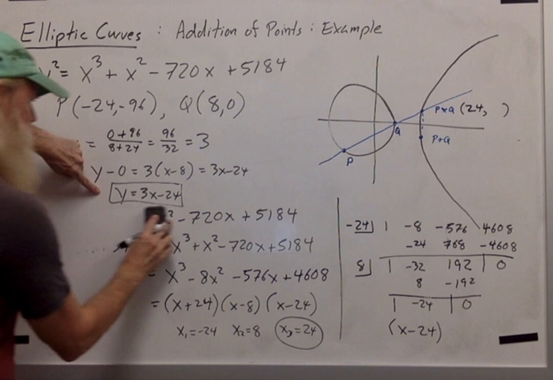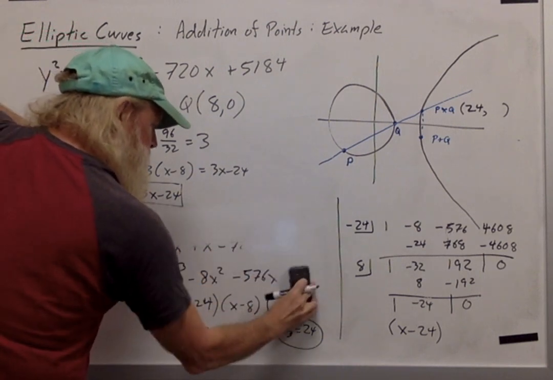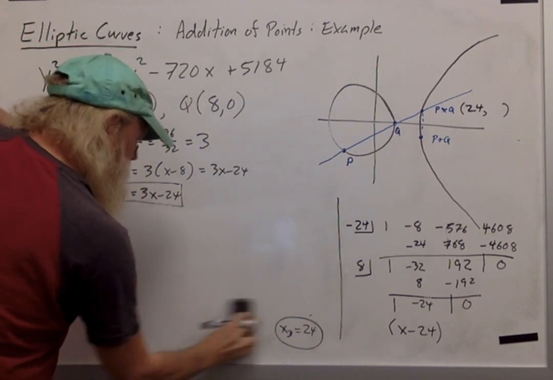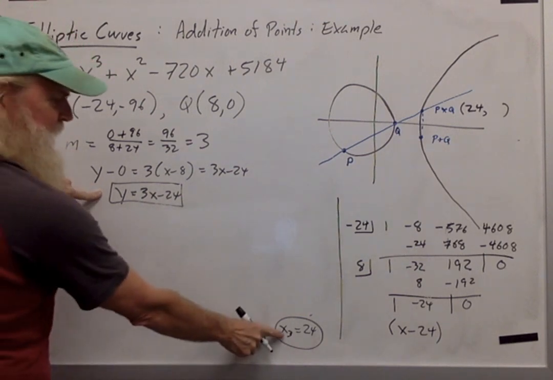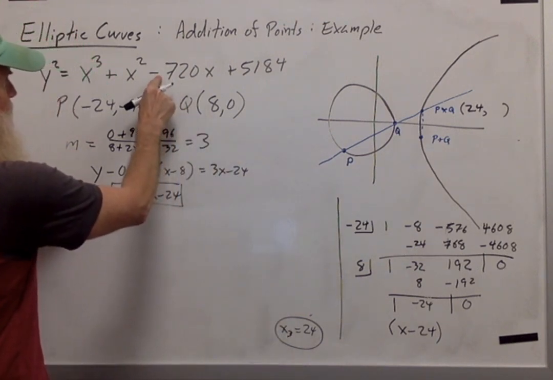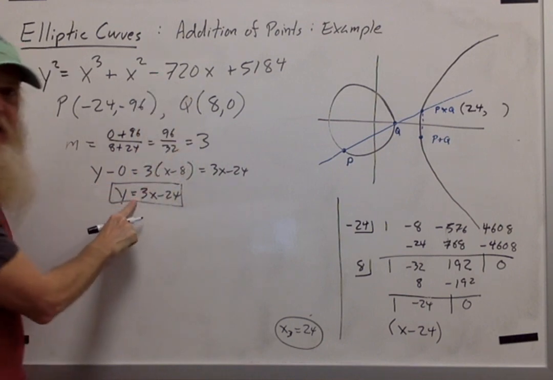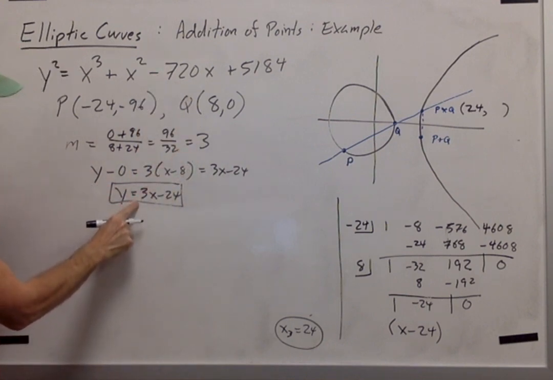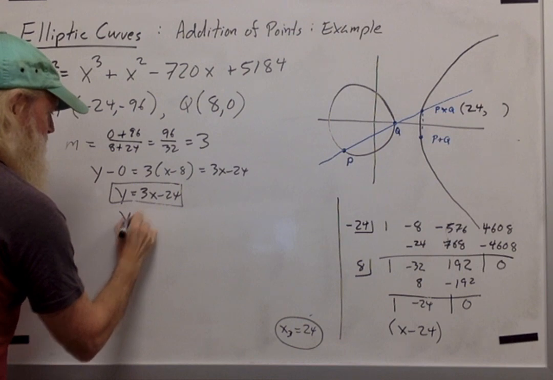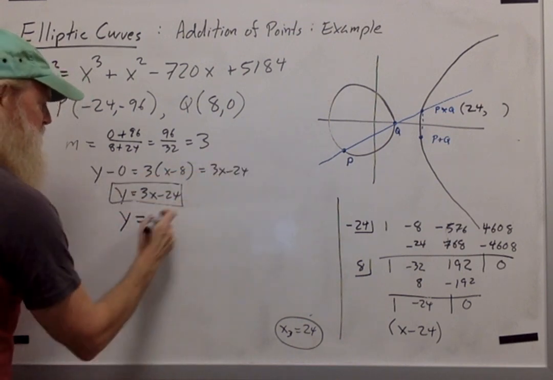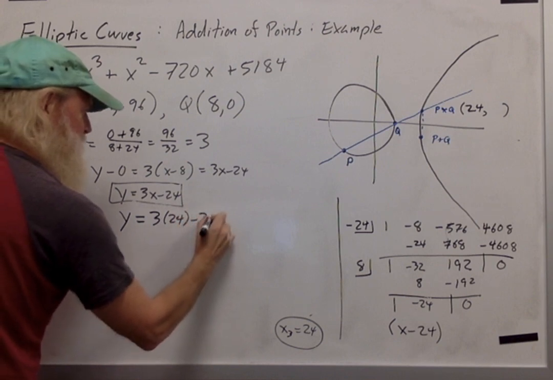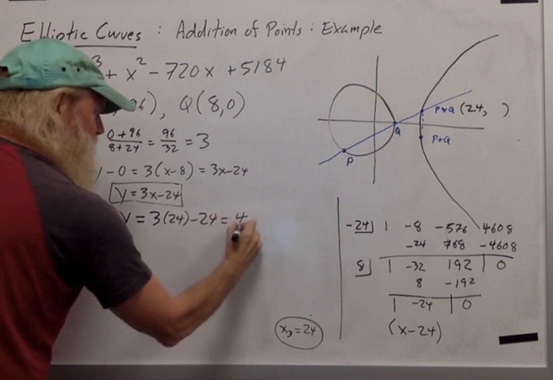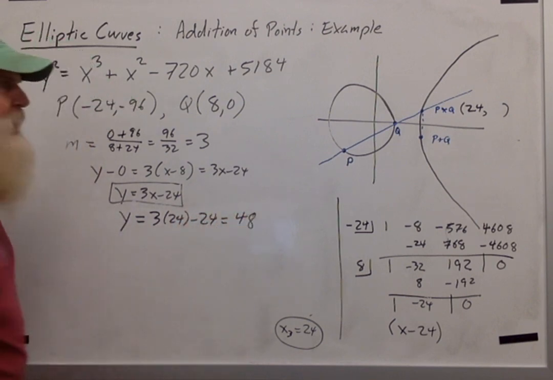Now let's figure out what the y-coordinate is. I'm only going to erase up to here. In order to get the y-coordinate, I can either take this x3 and plug it into the complicated equation, or I can plug it into the equation for the line. The line is going to be much easier. So the y-coordinate of P star Q will be 3 times 24 minus 24, which is 48.